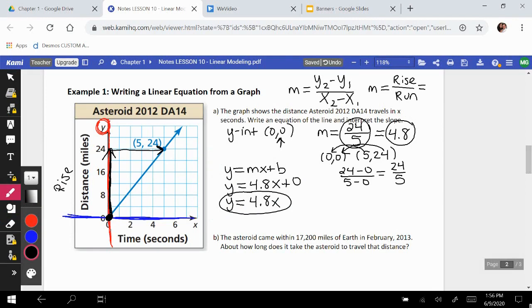What is my vertical axis telling us? That's miles. And what is my horizontal or my run axis telling us? The seconds, right? Time. So really what this means is miles per second. Okay, so that would say that the asteroid travels 4.8 miles per second.